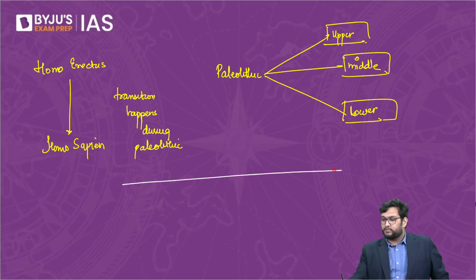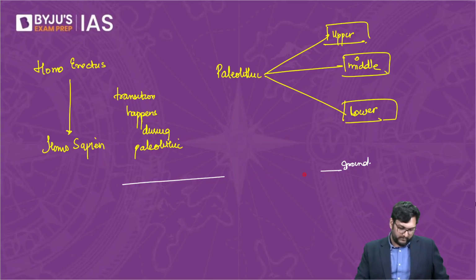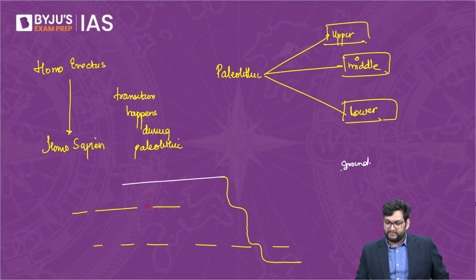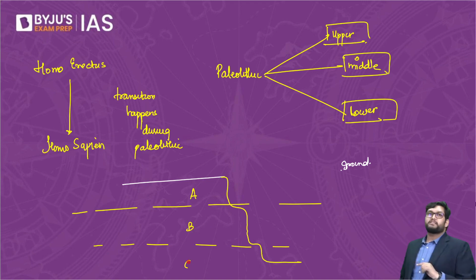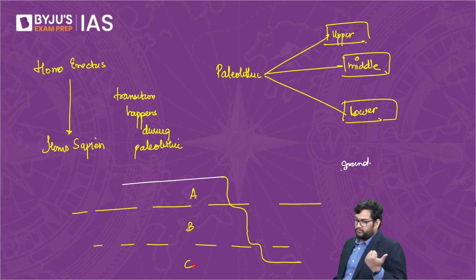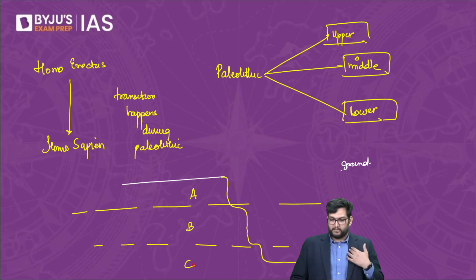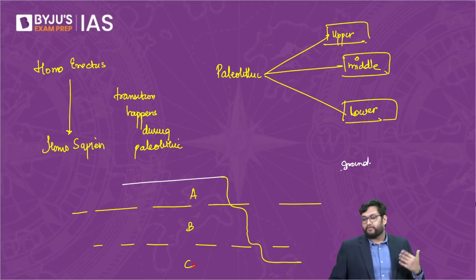If this is the ground today, Pleistocene, and I start to excavate and go lower and lower, I get A, B, and C. Which one is closest to us according to time? A. And the furthest will be?